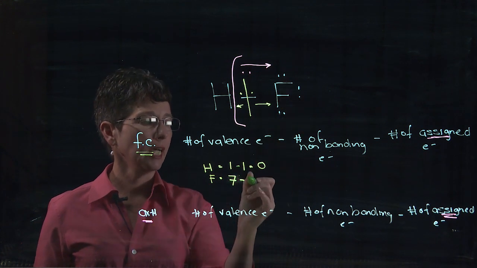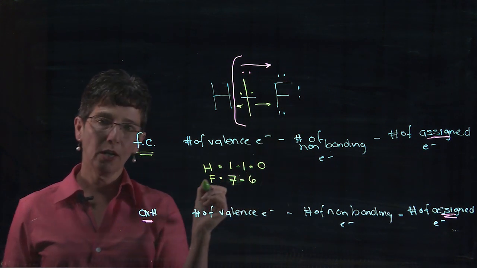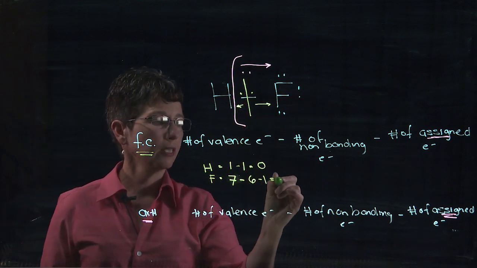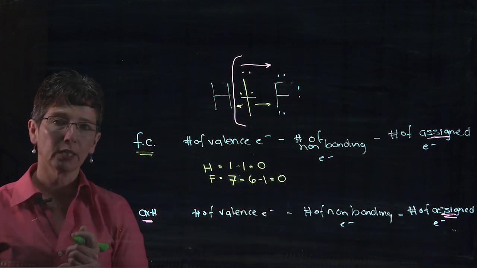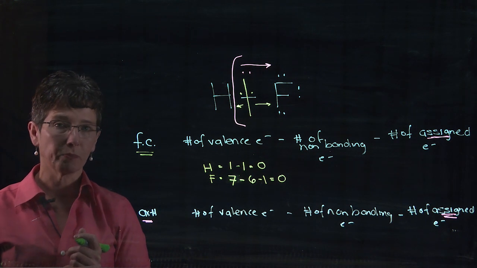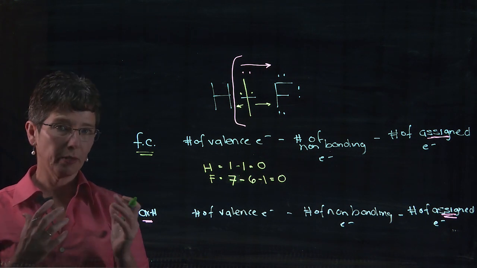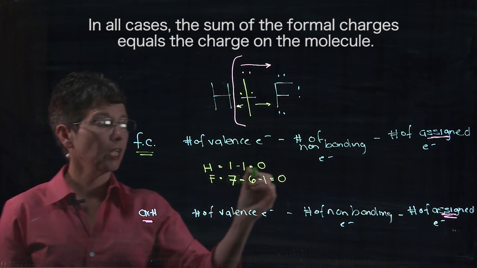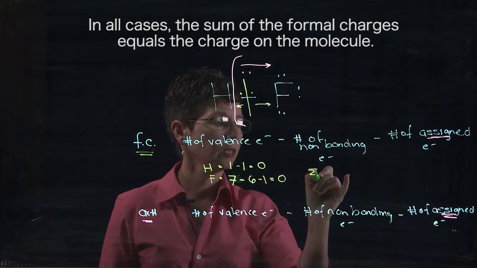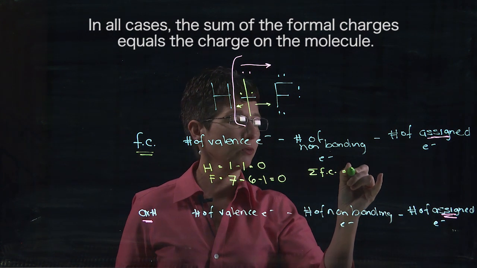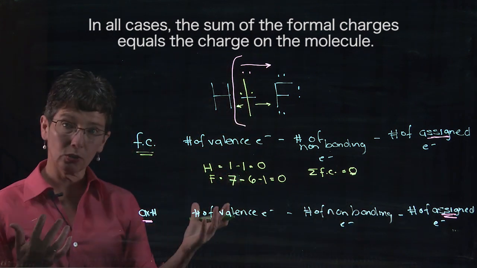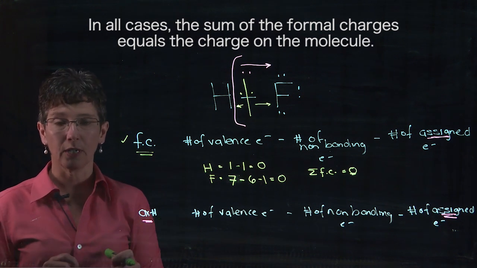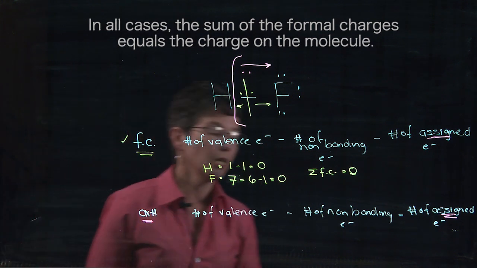It has 6 non-bonding electrons. It gets assigned 1. So fluorine also has a formal charge of 0. So neither atom has a formal charge. The sum of the formal charges equals the charge on the molecule. It's a neutral molecule, so that's all good. That tells us we also have a good Lewis dot structure.